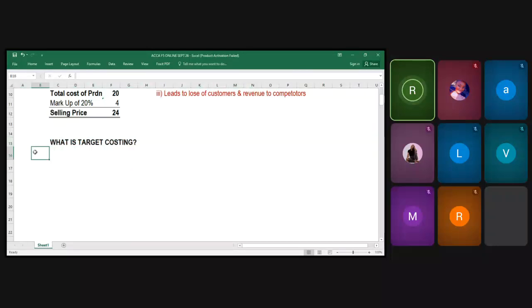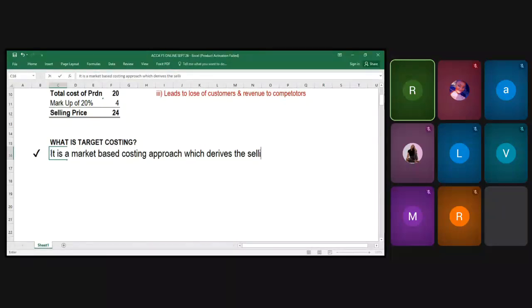So if we are to define target costing, we can safely say that it is a market-based pricing approach, or costing approach, which derives the selling price from the market.